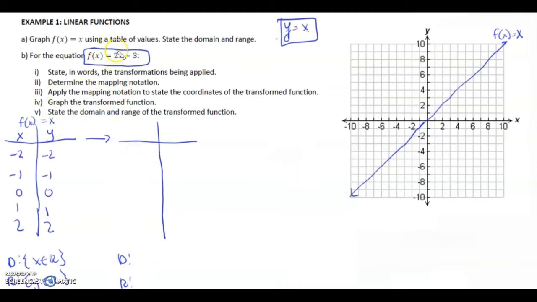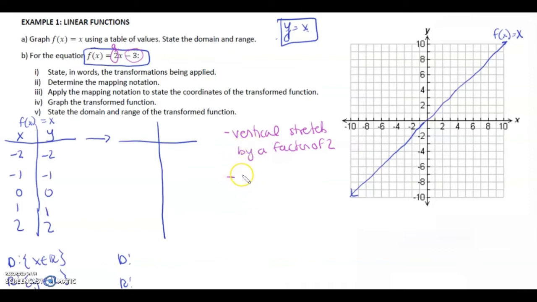So this 2, this is in the a position. So this is a vertical stretch by a factor of 2. Okay, then we have this -3. What position is that in? That's in the c position.